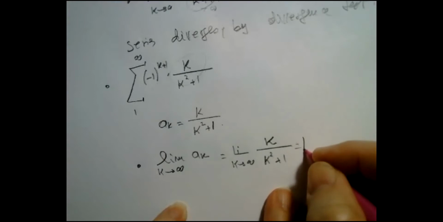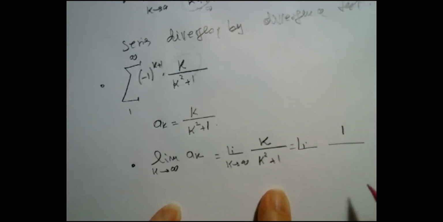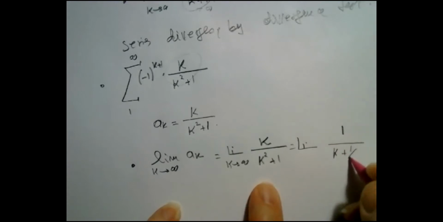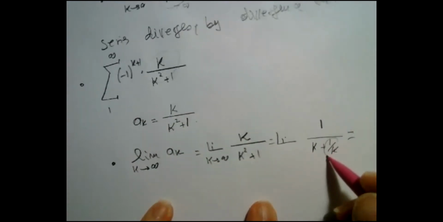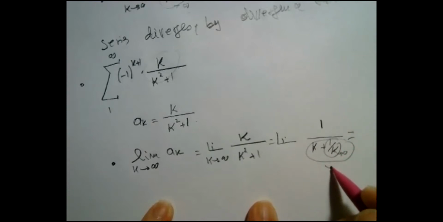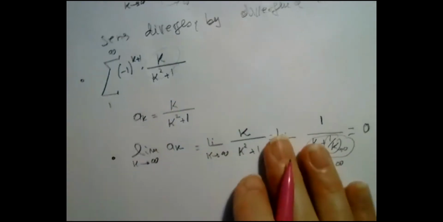But let us find the limit algebraically. We divide by k, which gives me a 1 in the numerator, and k and 1 over k in the denominator. As k goes to infinity, the denominator goes to infinity, so the whole thing is equal to 0.